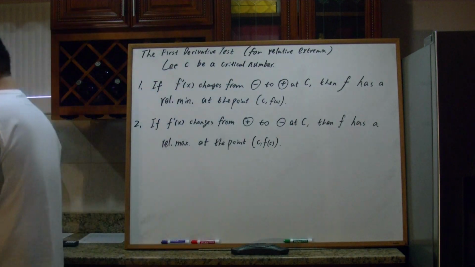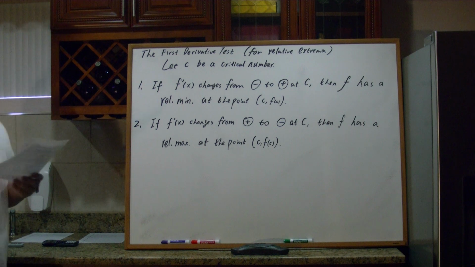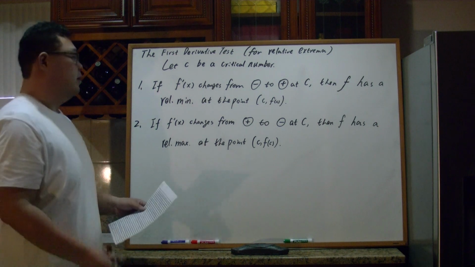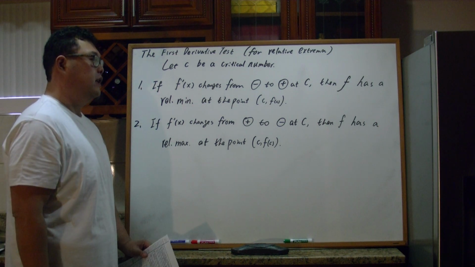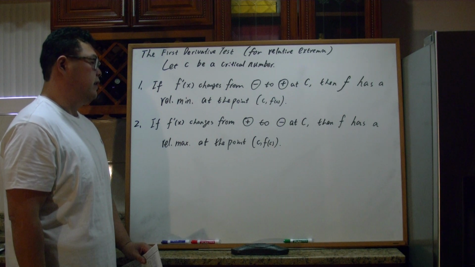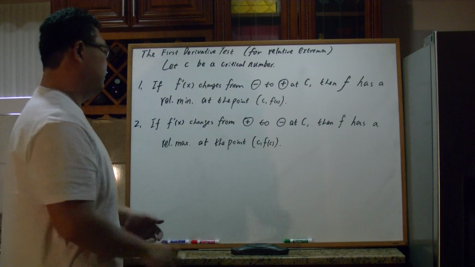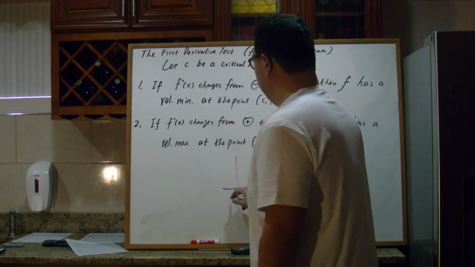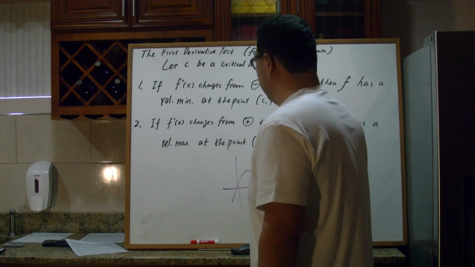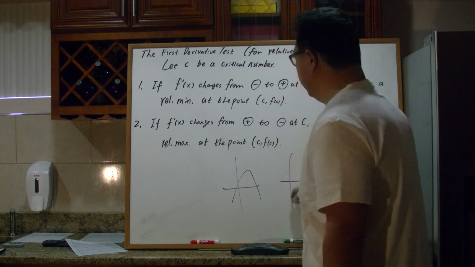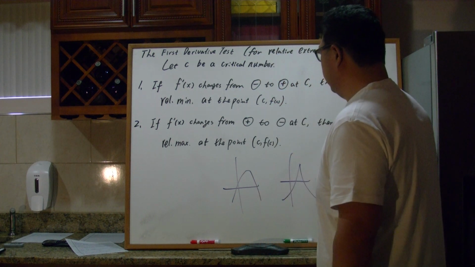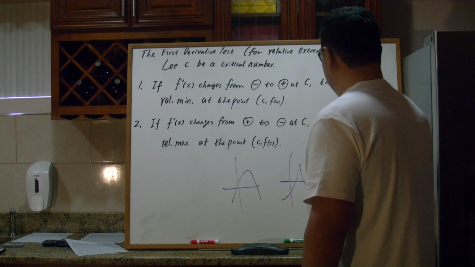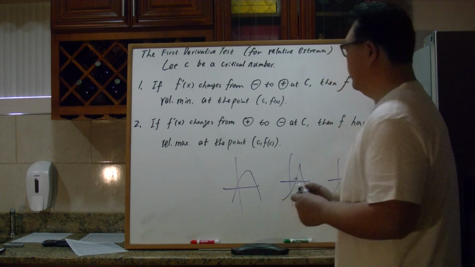Right, the second one says, if f prime of x changes from positive to negative at the value c, then f has a relative maximum at the point. For instance, we get from increase to decrease, whether it changes smoothly or with a sharp change.